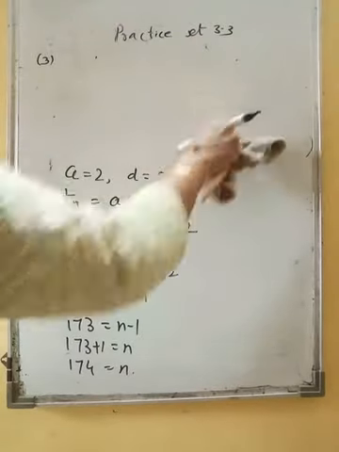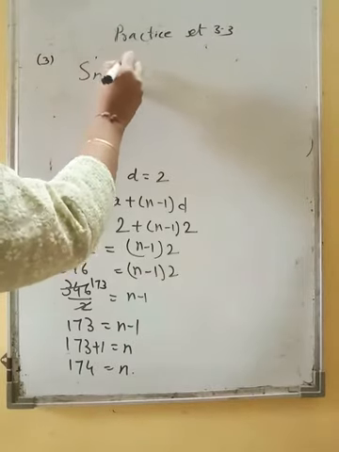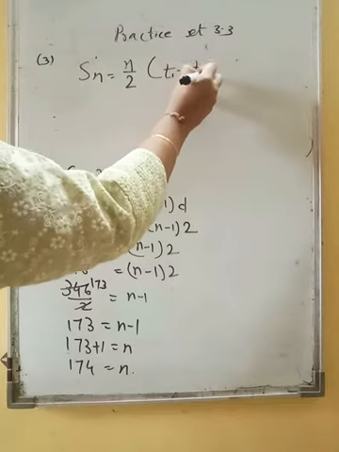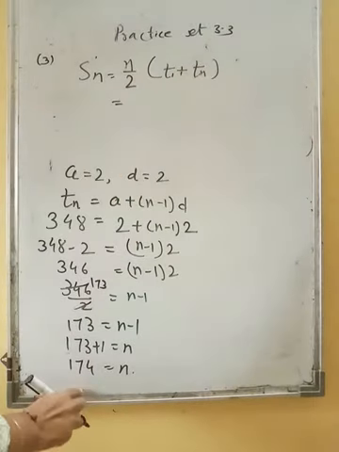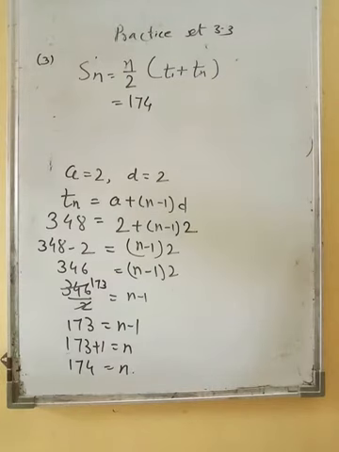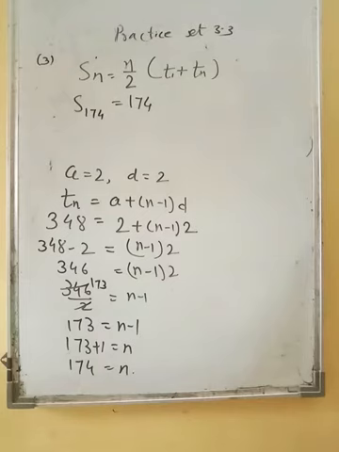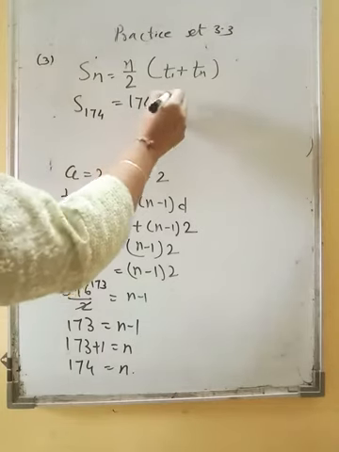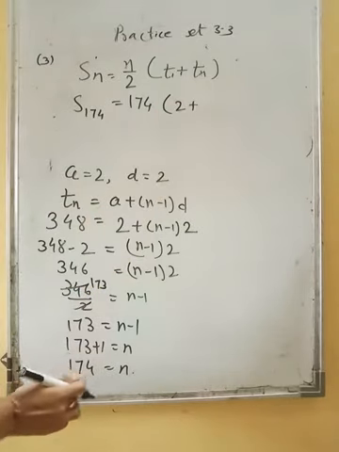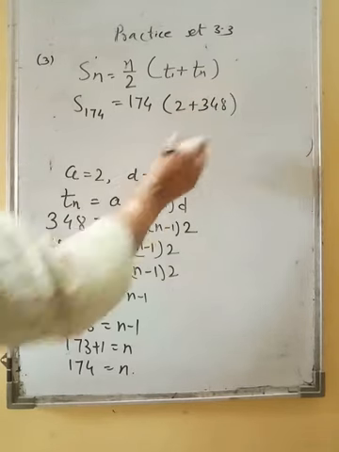Sn is equal to n upon 2 in the bracket T1 plus Tn. So here my n is 174. There are 174 terms in the AP. So 174 upon 2 in the bracket, my T1 is 2 and my Tn is 348.